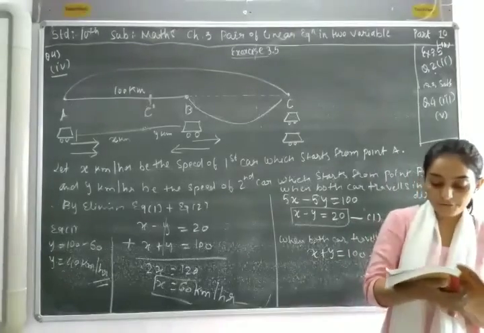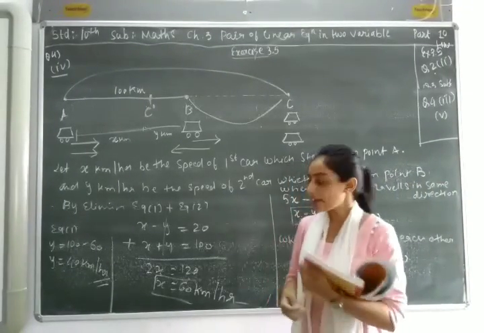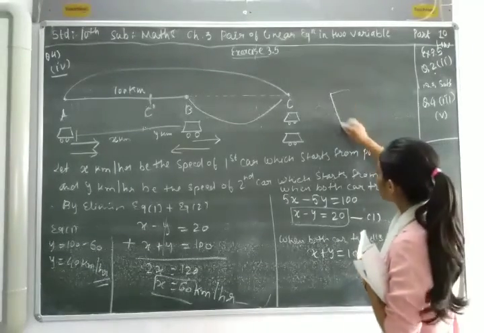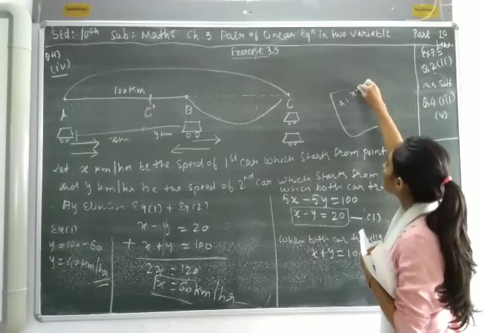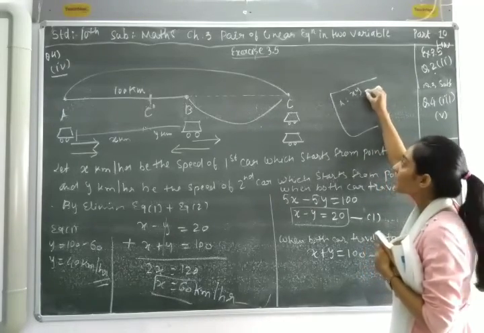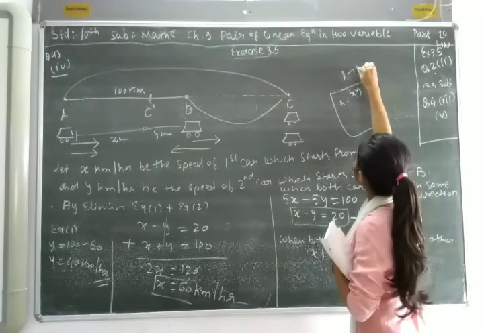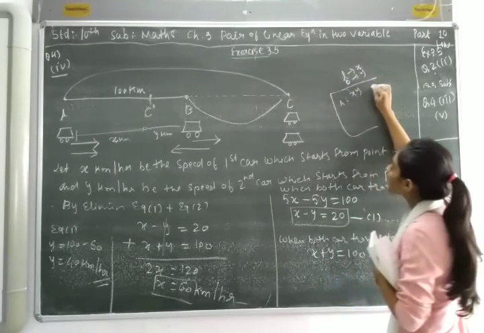Now question number 5. The area of a rectangle gets reduced by 9. We know that the area of a rectangle equals length into breadth. Say length is x and breadth is y, so area is x into y.